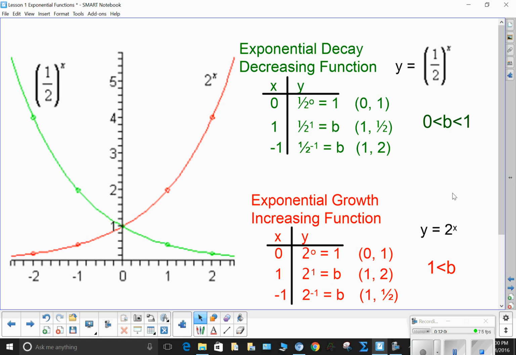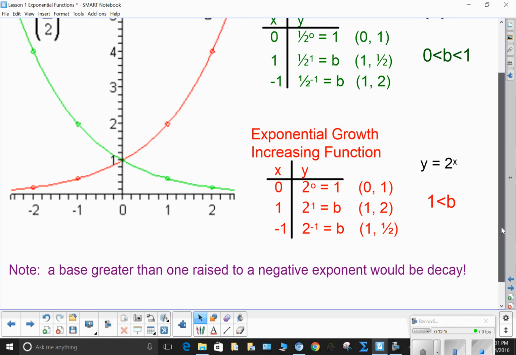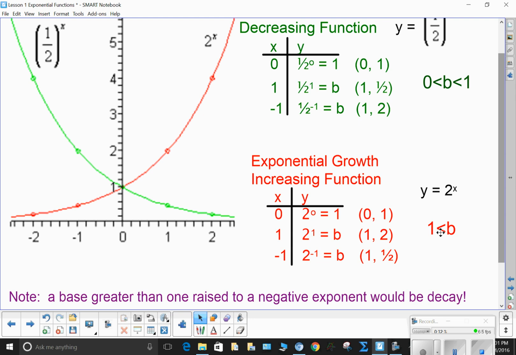Here's a graph. Exponential, it's increasing. This is an increasing exponential growth. When it's decreasing, such as the green one, that's called exponential decay. Note, a base greater than 1 raised to a negative exponent would be decay because that negative exponent would put it 1 over.